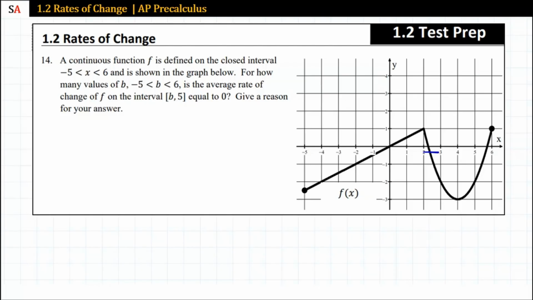The average rate equal to 0 means, at this point we can see that we have the tangent slope. So the average rate is 0 here. Okay. So that is the only point we have. At one point we have the average rate of change equal to 0.